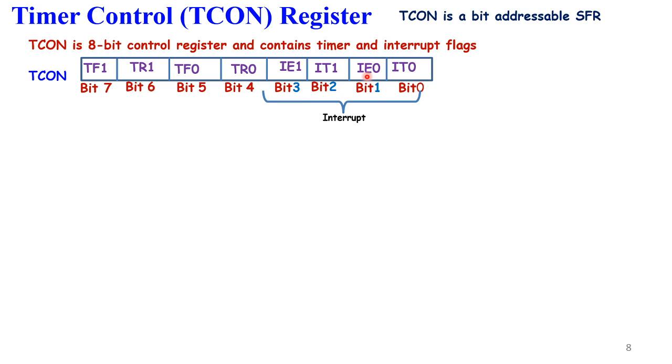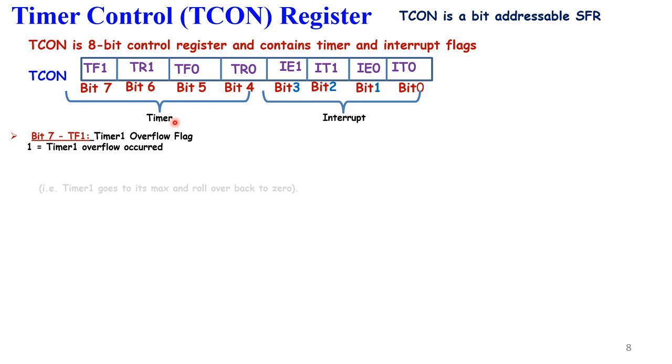So IE0, IT1 and IE1. These are the interrupt flag bits of the TCON register. TR0, TF0, TR1, TF1. These are the timer interrupts of the TCON register. We already discussed this.